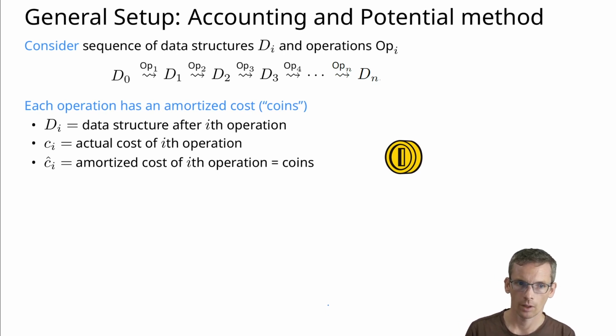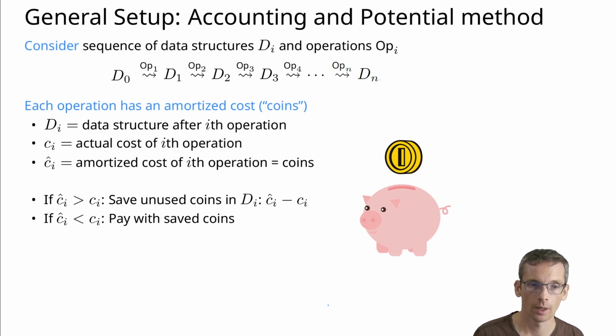We have the actual costs of the operations. So ci is the actual cost of the ith operation, and ci hat is the amortized cost of the ith operation. Now, depending on whether the amortized cost is larger or smaller than the actual cost, we either save coins or pay with saved coins.